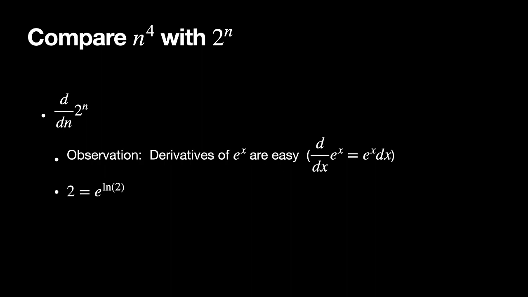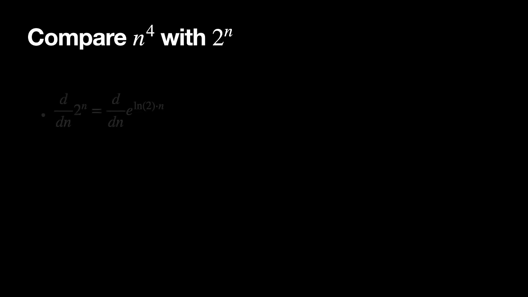Remember that e and the natural log function are complements of one another. And then we could substitute that in, and basically e to the log of 2 to the power of n. Then we could use the properties of exponents, and we could simplify that down to 2 to the n is equivalent to e to the power of log of 2 times n. And then using that, we could take our derivative and express it using e.